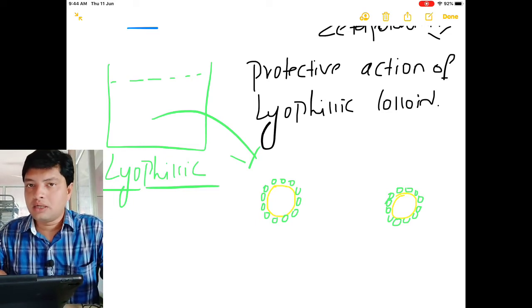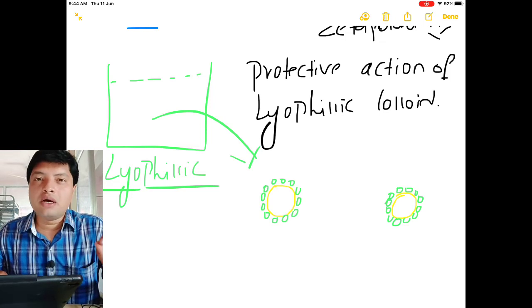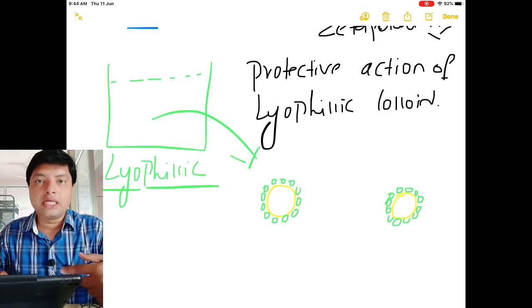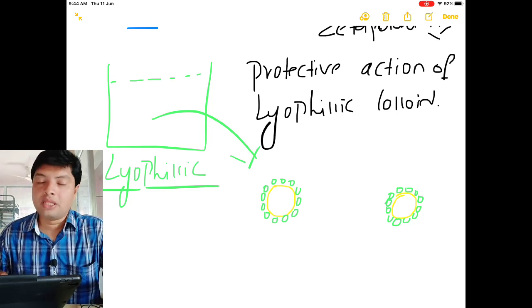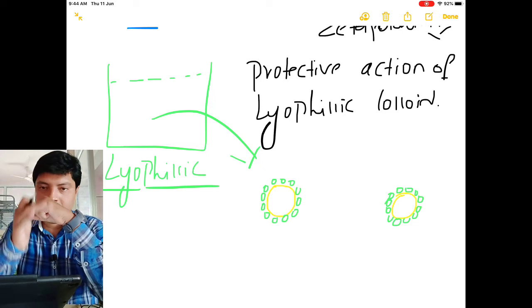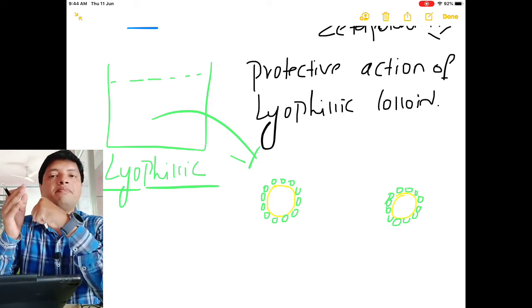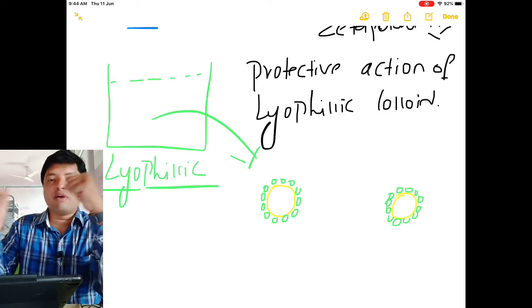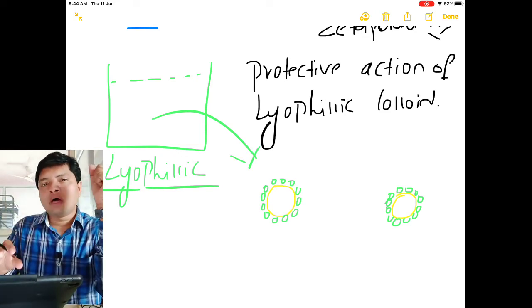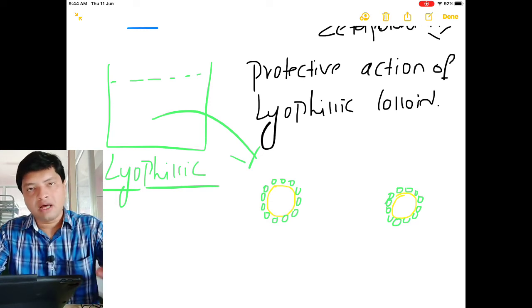You need to remember 1 point here: if the particle is loving solvent, it will interact with the solvent and be more stable. A solvent sheet will be formed around the particle, and this solvent sheet will protect the particle from aggregation. The same solvent sheet is absent on lyophobic colloid because they hate solvent.